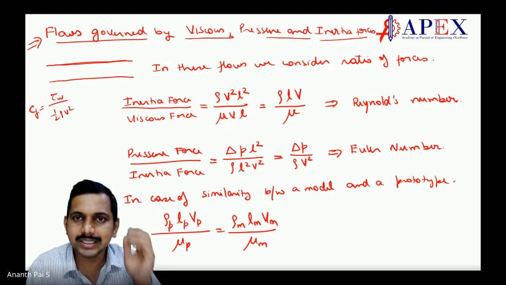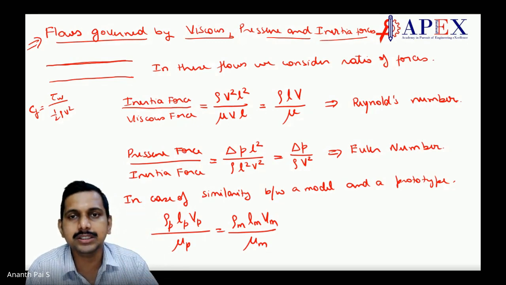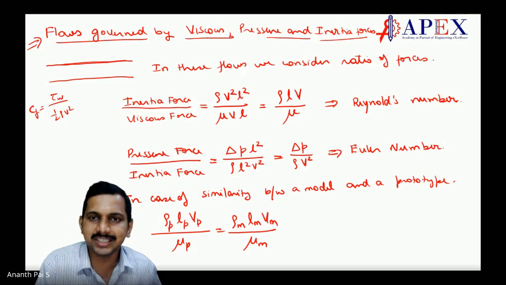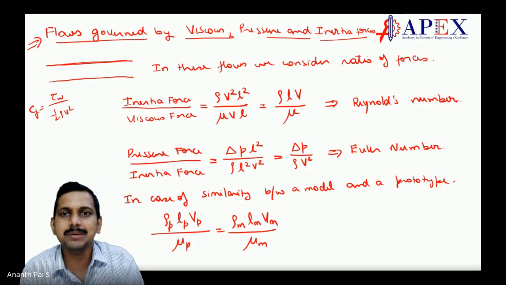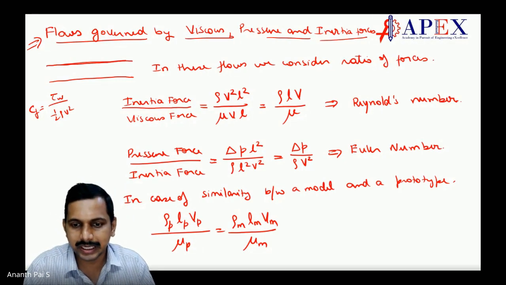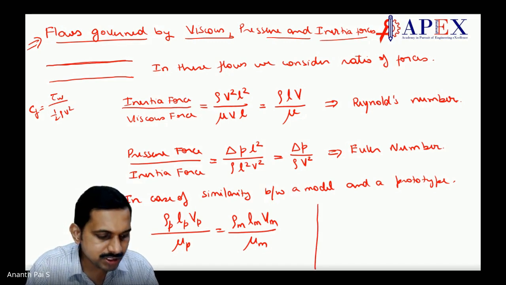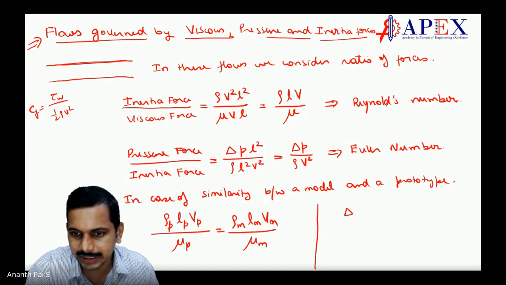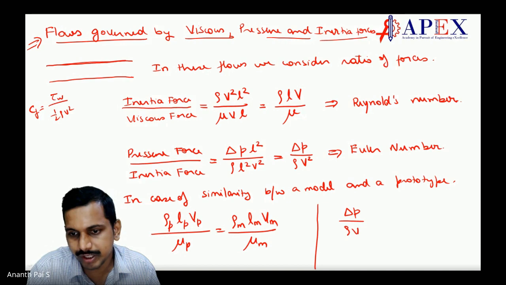Now you can understand how it is important, is it not? Reynolds number, when it goes beyond a number, it becomes turbulent. Otherwise, it is laminar, correct? So those instabilities are coming. Okay, so that is dealt with. If you consider Euler number, delta P by rho V square, correct?